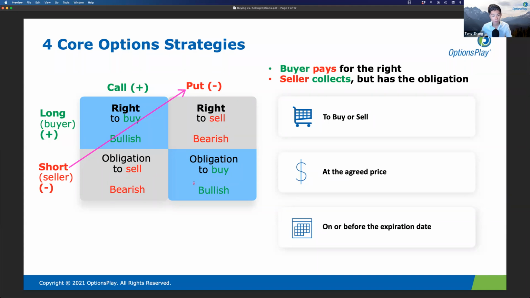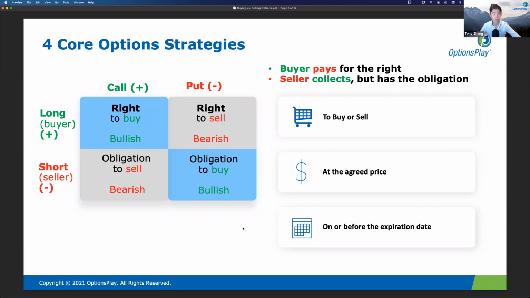So selling a put is easy to remember as a bullish strategy. Now, if you were to buy a put, which is a positive and a negative, that's how you know it's a bearish strategy. And if you were to sell a call, that's also a negative and a positive. That's how you know it's a bearish strategy. So that's just a little trick you can use if you're learning this for the first time and it's a little overwhelming, to help you remember which one's bullish and which one's bearish.